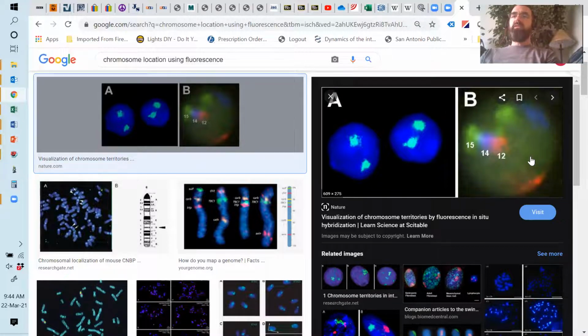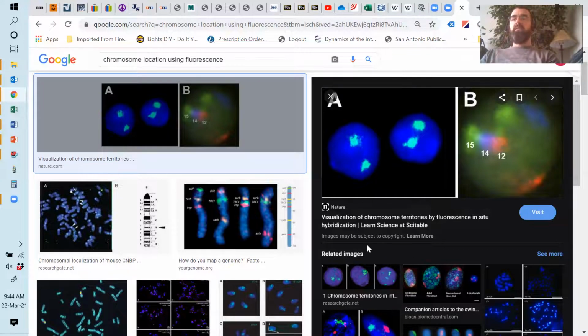And what they tend to do is they get anchored to the inside of the nuclear membrane, right? So you have a nucleus like so, it's got lots of holes in it. And each chromosome is actually stuck to the periphery, the inside of that nuclear membrane. And you can actually visualize where they are.